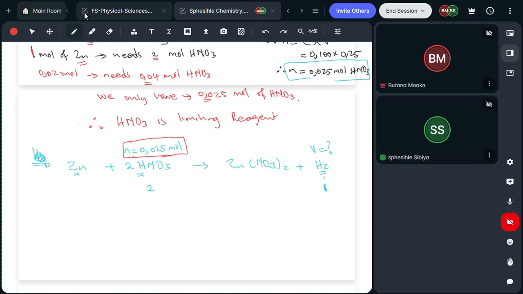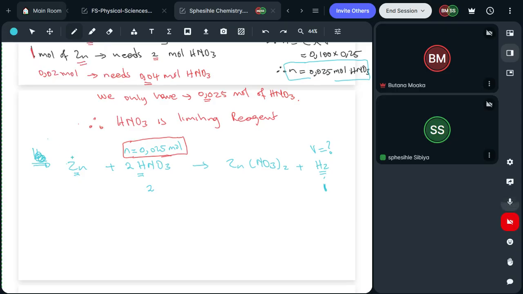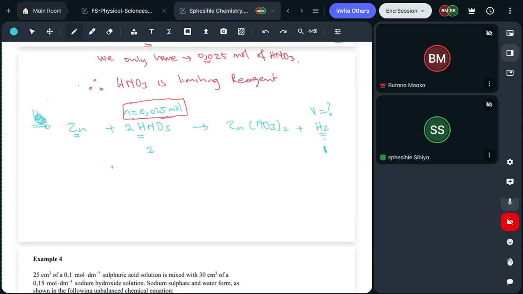Yes. So if nitric acid is twice H2, I'm going to conclude that the number of moles of H2 will be half of that. So it will be 1/2 multiplying 0.025. That is the number of moles of H2.